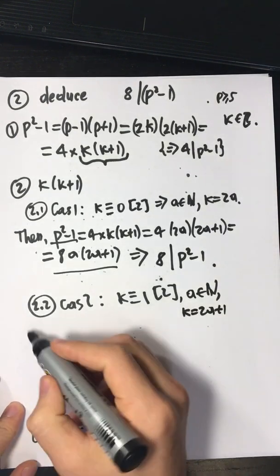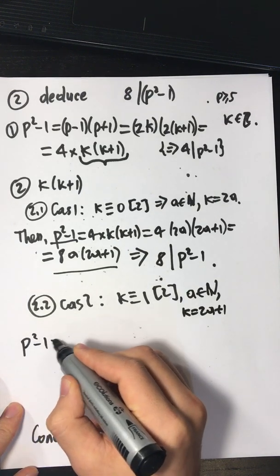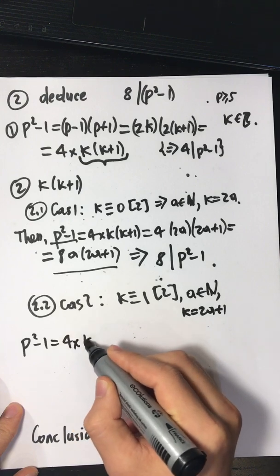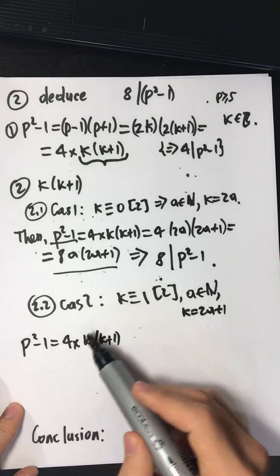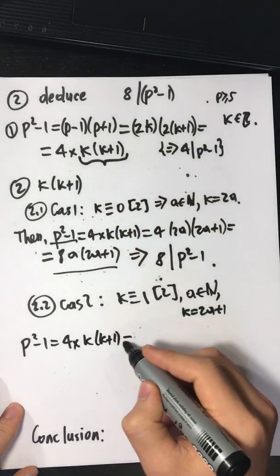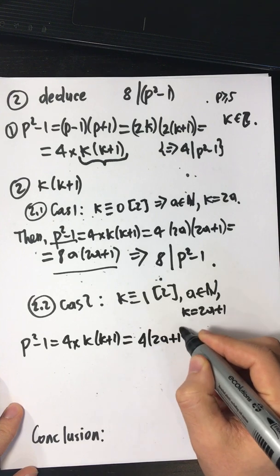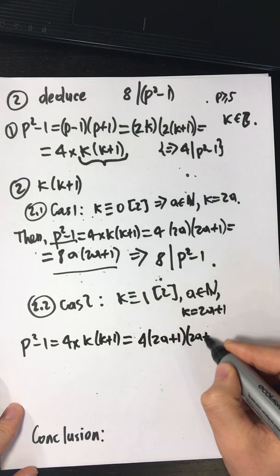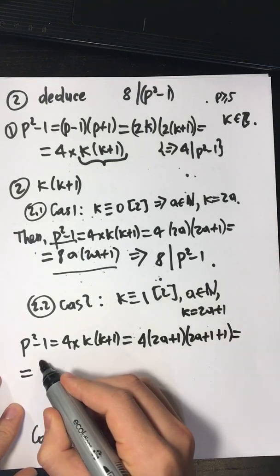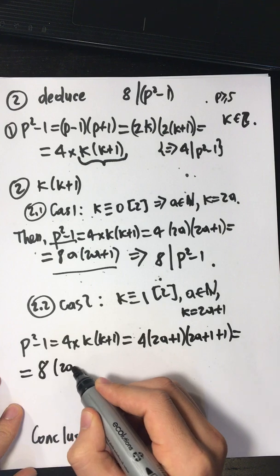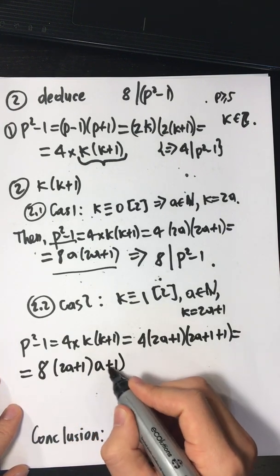Okay, and now p square similarly, then p square minus 1 is equal to 4 times k minus 1, k plus 1, and I'm getting this one from here, and I continue. 4 times k is 2a plus 1, and 2a plus 1 plus 1, and in here 2 goes out and it will be 8 times 2a plus 1, and this one will be a plus 1.